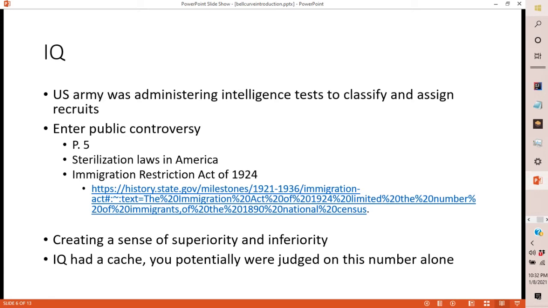So, enter public controversy. Page 5. Now that IQ has started to be pervasive throughout American culture, it's not just in the military. Well, now you get people that are very focused on IQ, very focused on intelligence. They want to keep the American population at a pretty high IQ.